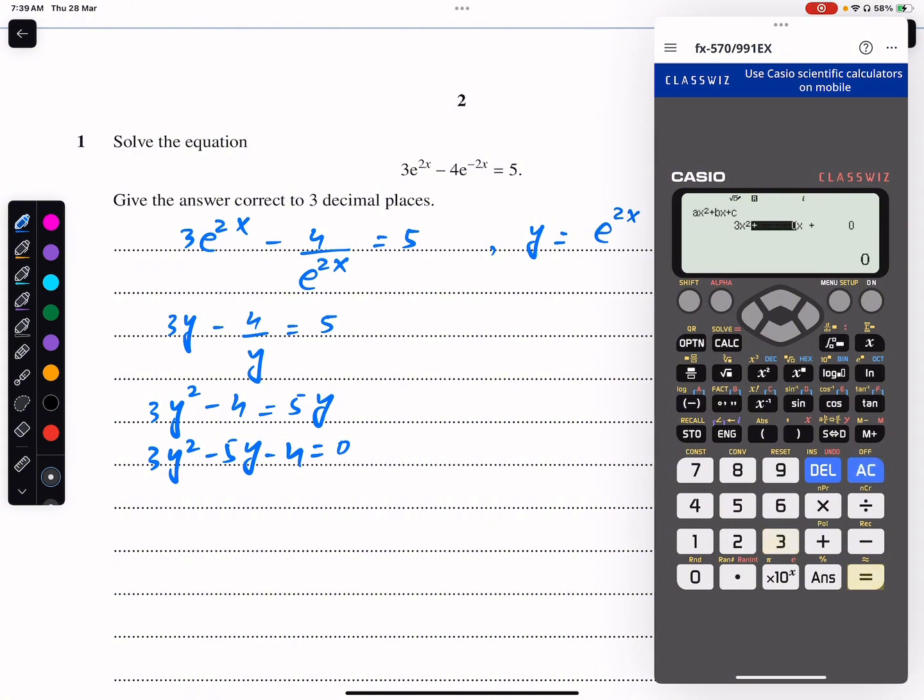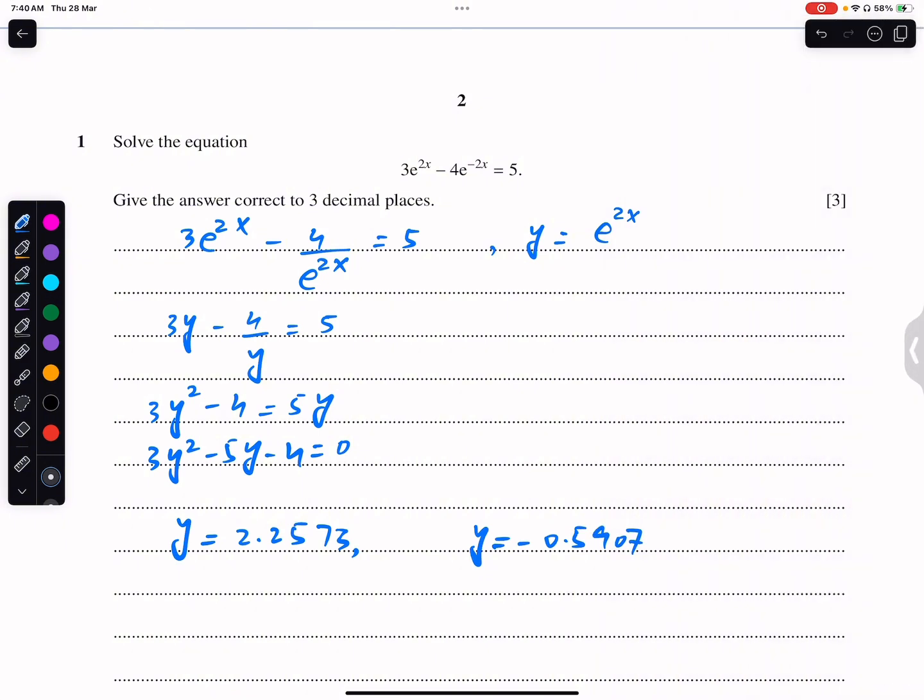3, minus 5, and then minus 4. My first value of y, right in decimal, will be 2.2573, and the second value of y is negative 0.5907.